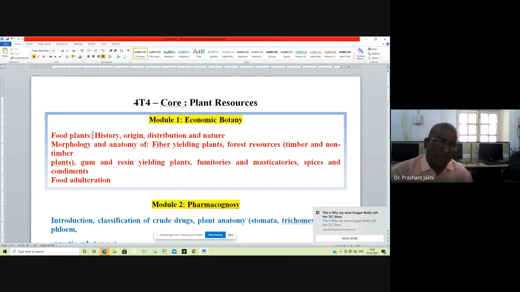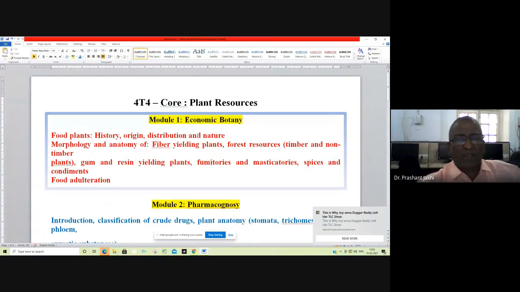Then morphology and anatomy of fiber yielding plants. This is another important part. I think it is best known to you. As far as the economic importance of plants is considered, fiber is also one of the important commodities which is obtained from a variety of different plants.